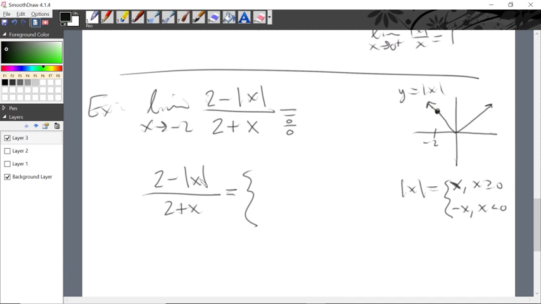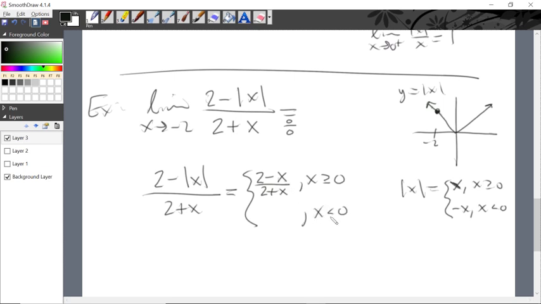If x is greater or equal to 0, then the absolute value of x is just x, right? So then we would get 2 minus x over 2 plus x, if x were greater or equal to 0. And what about if x is less than 0?